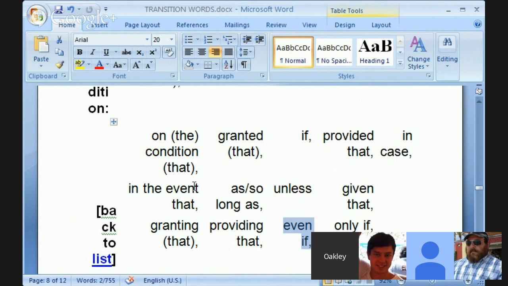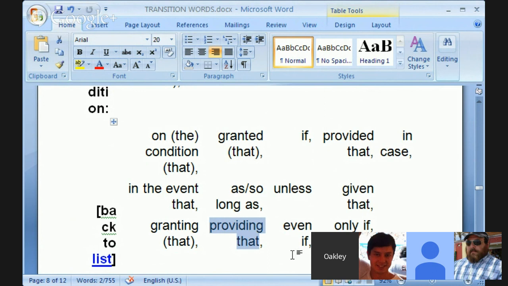Hayan, you want to try this? Providing that I passed the exam, I will be able to graduate. There you go. From graduate school. All right.